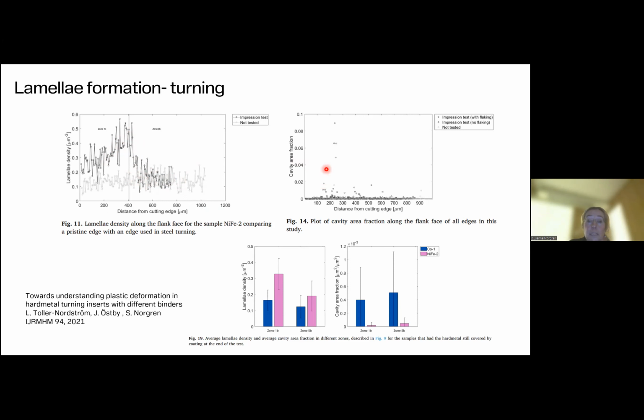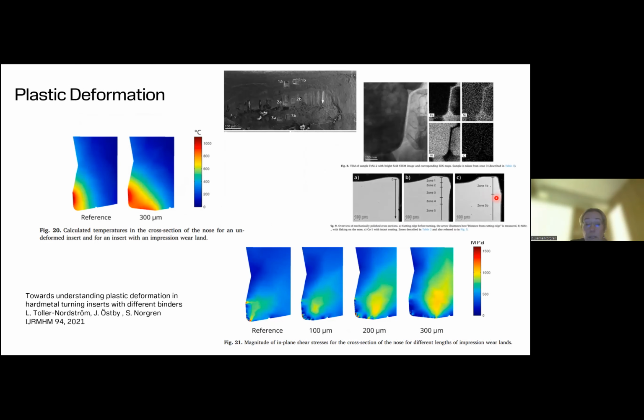You could also see cavity formation in areas where the plastic deformation was so rapid that the material cannot accommodate the temperatures and the forces, and it resulted in cavity formation instead. And here you can see the lamella density in zone B, which was here in this insert.